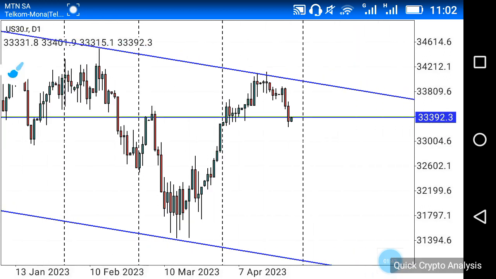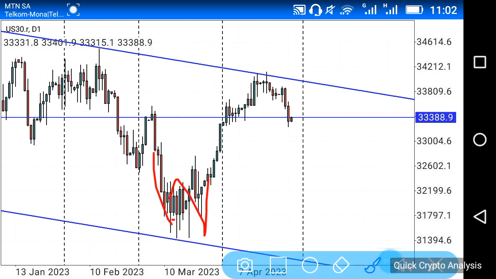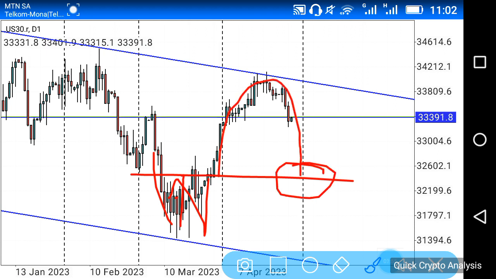To add to this, guys, as much as we have this W structure over here, just also bear in mind that we also have a neckline at that point of this W structure, and that we might also see the market push further down to around where we have the neckline of this W structure, and then from here only push further up.